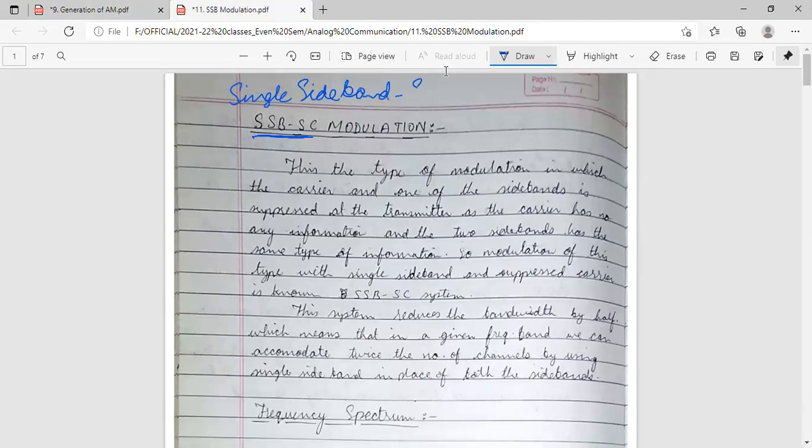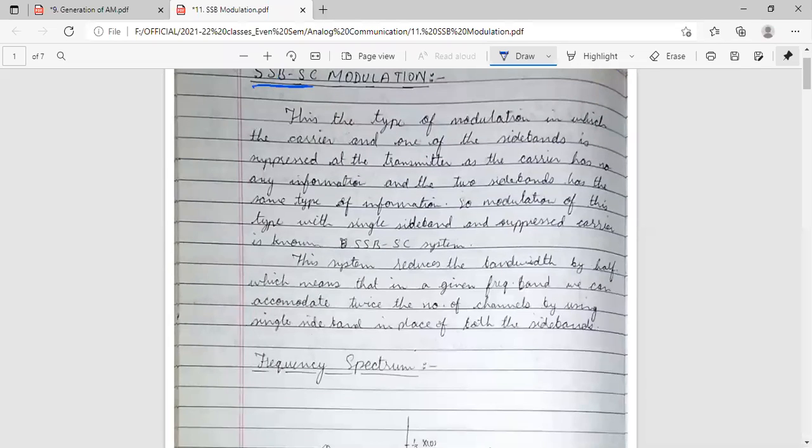Single sideband suppressed carrier. Okay, so are you able to read this text, or should I enlarge it? It's all right, sir. Okay. So this is the basic simple note. So you can go through all these things. Whatever I have told is written here.